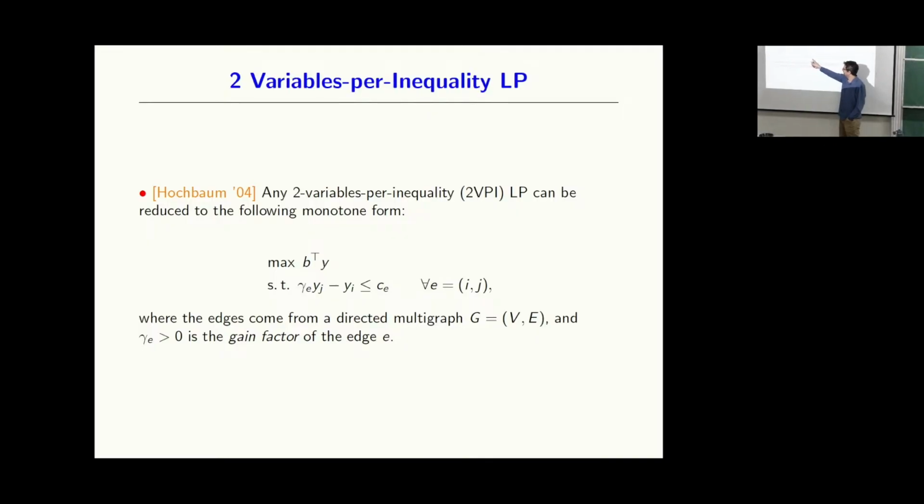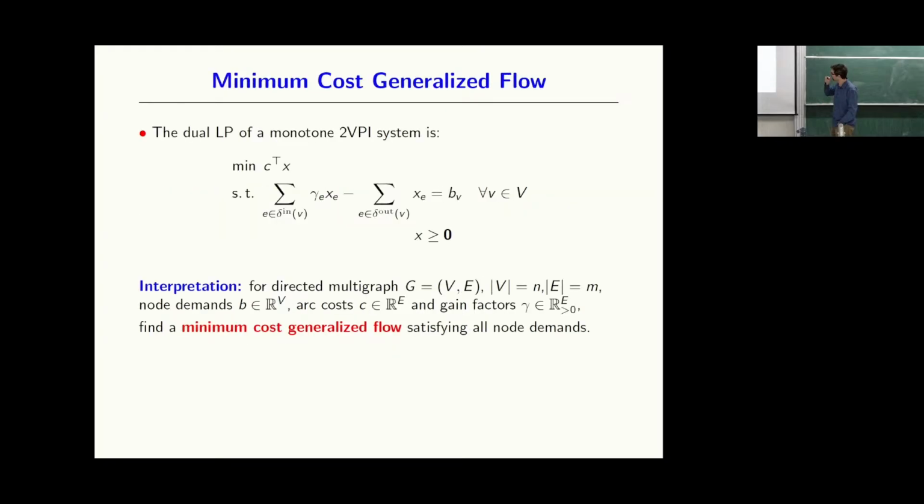And these pairs of variables will naturally correspond to a graph, with edges associated with i and j, and we'll be able to think about a generalization of flow on these graphs. So what are we going to be looking at?